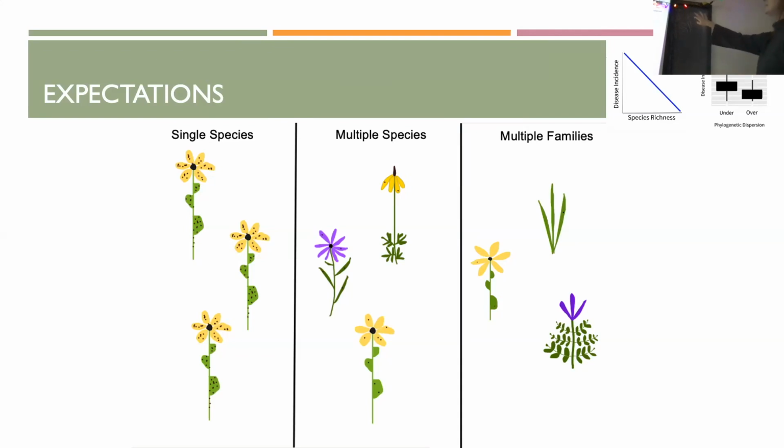And over here, as phylogenetic dispersion is increasing, the disease is decreasing. The underdispersed is plots with species all from the same family versus the overdispersed showing multiple species from multiple families, and it has the lower disease.